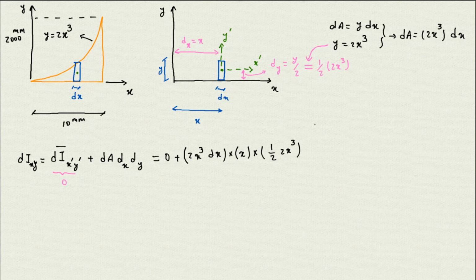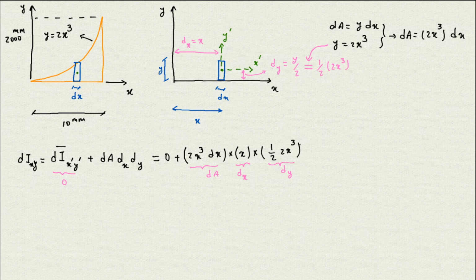So if I write it here, this is going to be dA, this is going to be d sub x, and this is going to be d sub y.